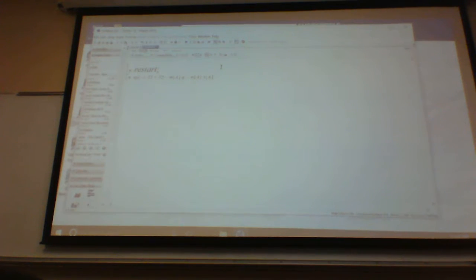I know it's double dot, so let's say X of T, A. Let's see if it works that way. Okay, not very pretty, but better than having to do it by hand.